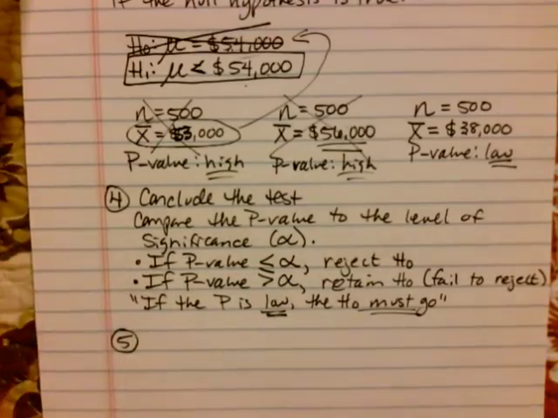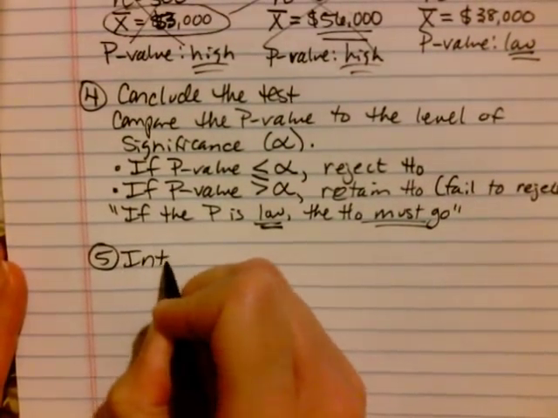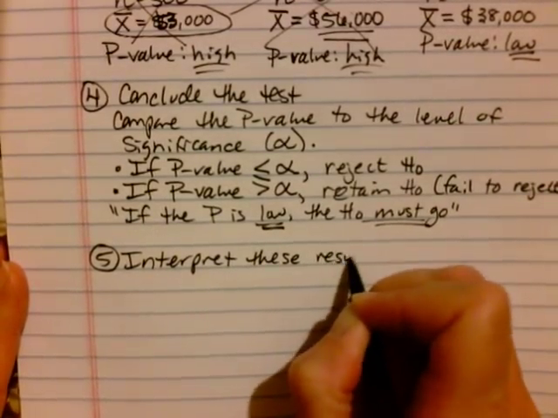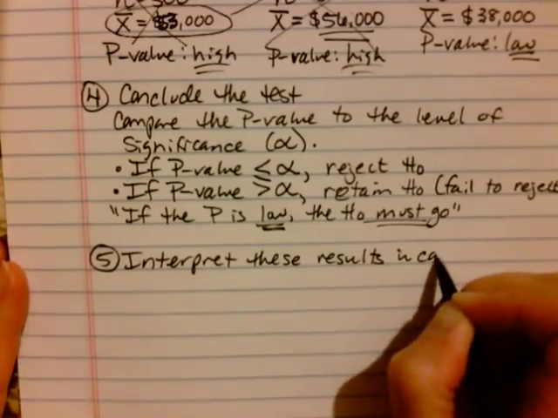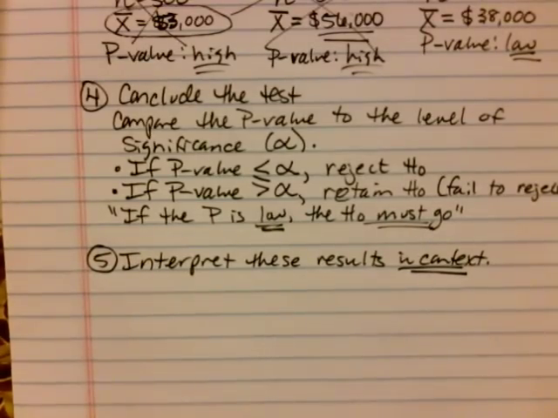And then your very last step in hypothesis testing is to interpret these results in context. And what I mean by in context is, if we're on the board of directors for Section 8 housing, for low-income housing, we don't want to go to that board of directors and say, okay, we calculated the p-value, it was lower than our alpha level, therefore we rejected the null that the mean was $54,000.